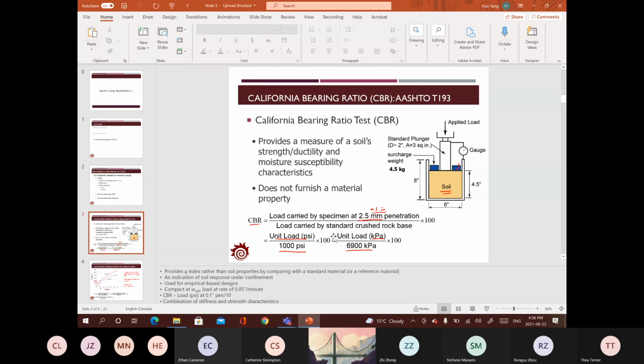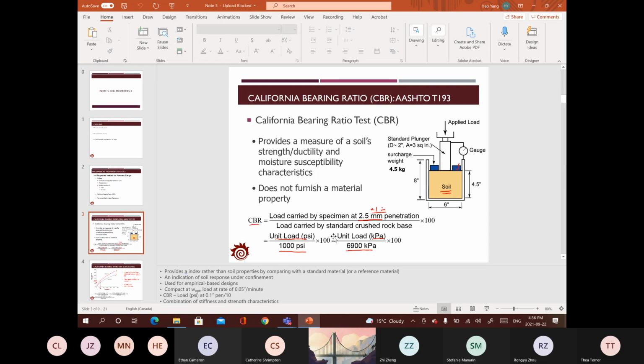So this is actually a percentage. It varies between 0 and 100, which is the common value for the CBR. And with your experiment, you should also find a value between 0 and 100.